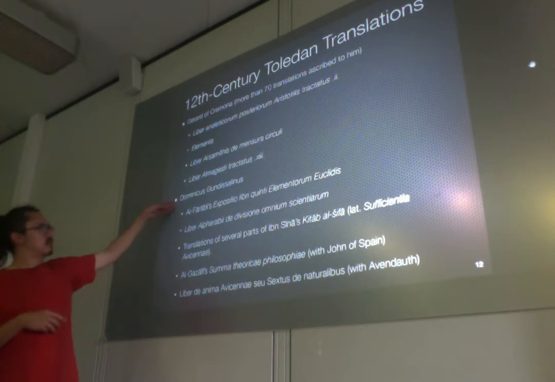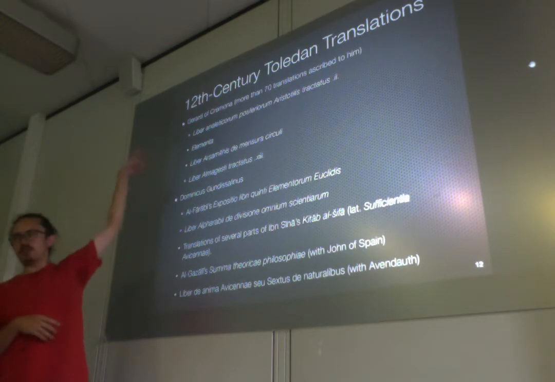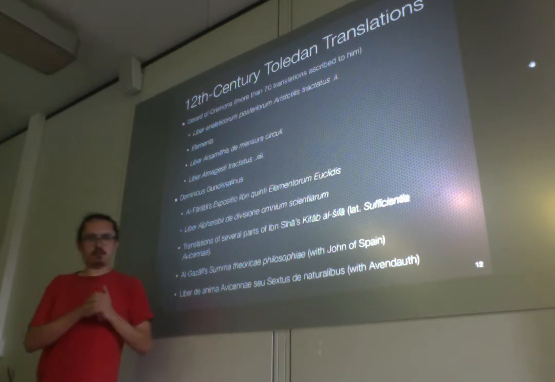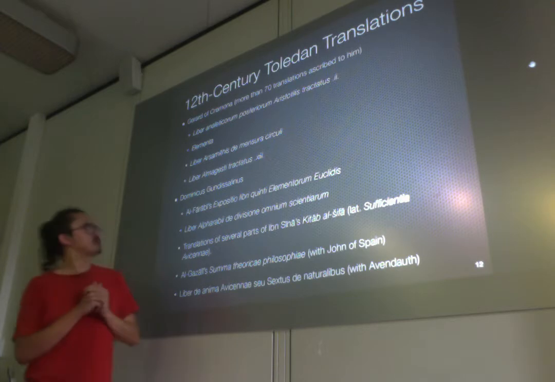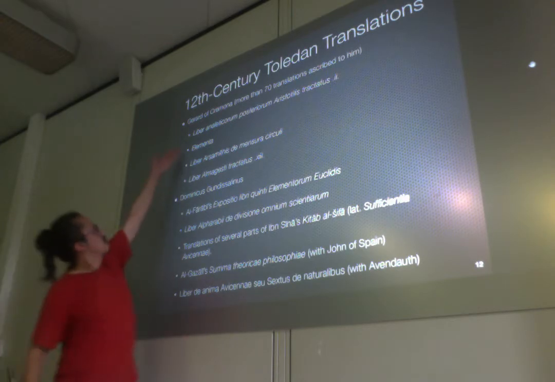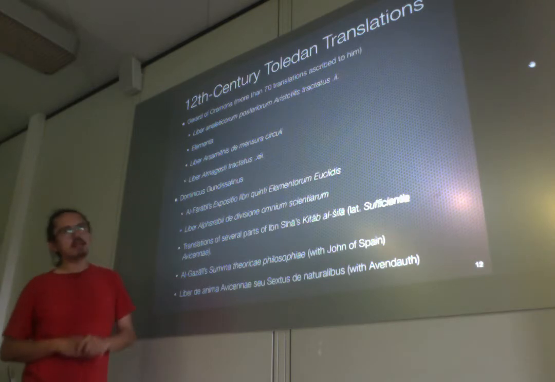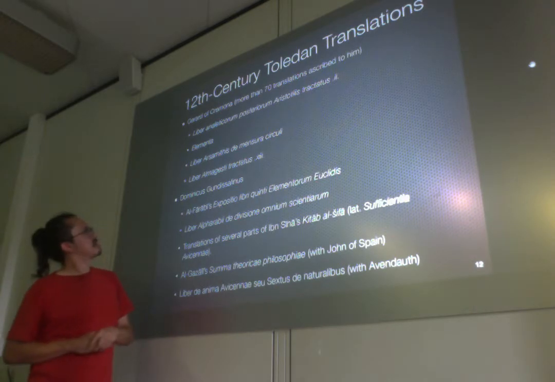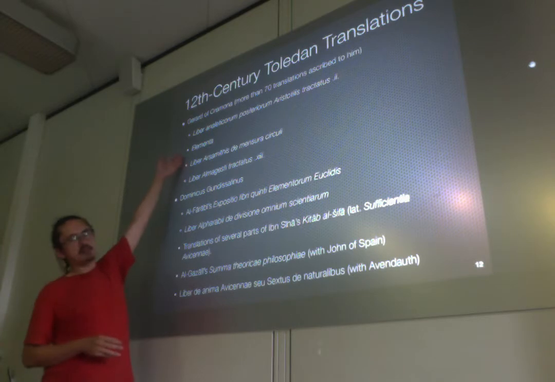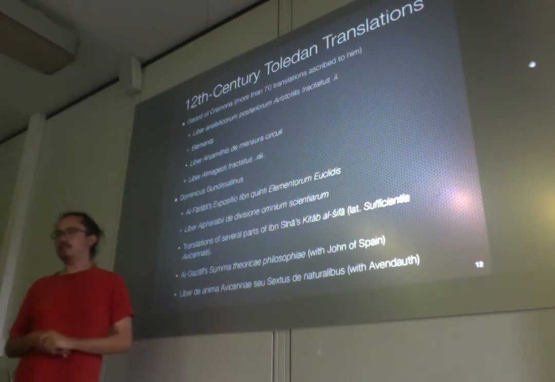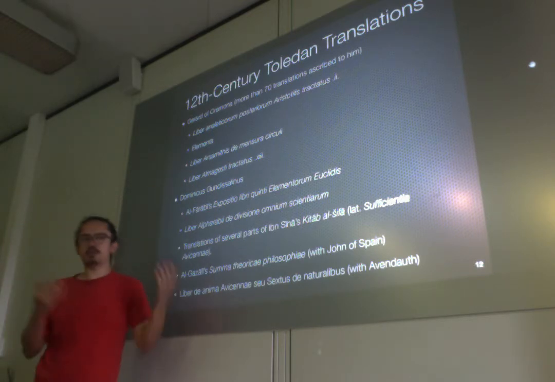So we see that Dominicus Mundisalinus and Gerard of Cremona made a good deal of philosophical translations. So he translated, for example, Aristoteles, Archimedes, and Ptolemy. He did another translation of the Elements, and so on and so forth.